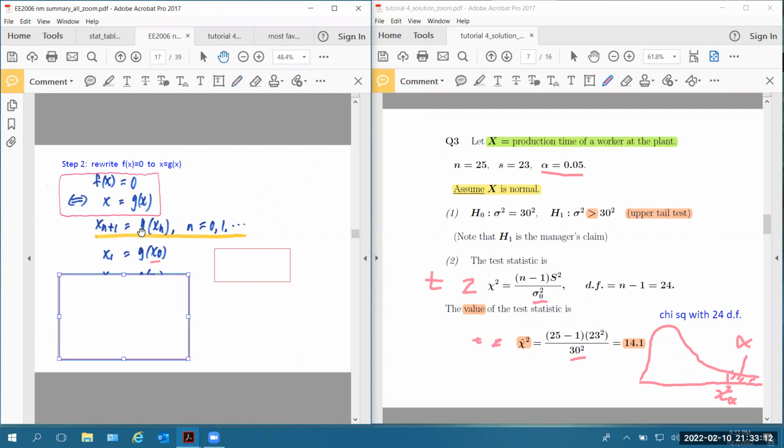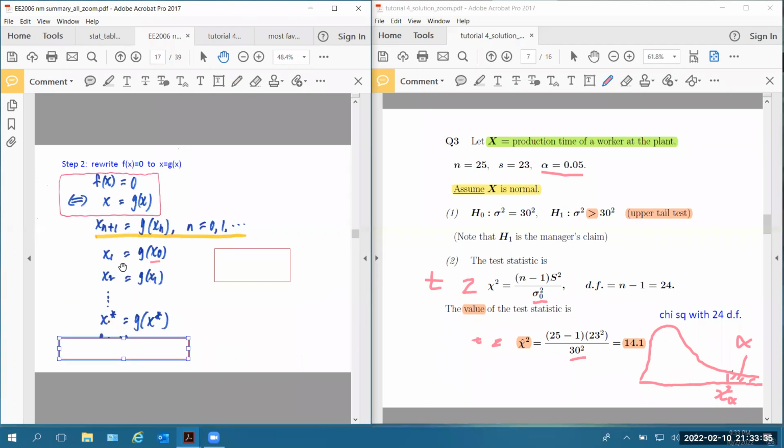Okay, then you follow this again. This time you put n as 1. When n is 1, then this one becomes x2, right? So your x2 is g(x1). Now you already got your x1, right? So you put it inside here. That's how you get your x2. So likewise, you do this until when?